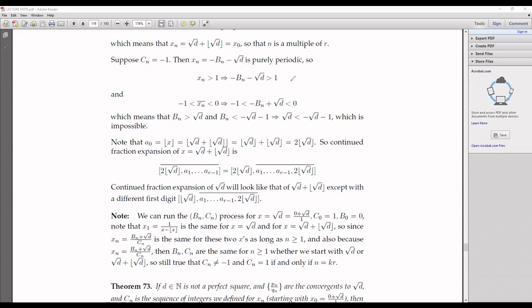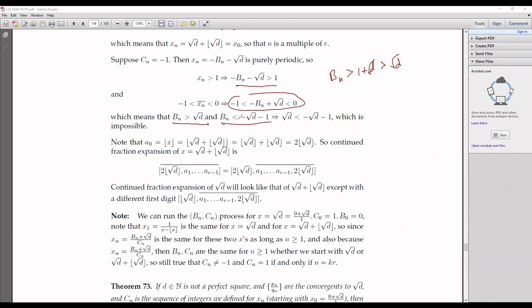Can you see this just means, from here, bn is greater than 1 plus root d, which is greater than just root d. So bn is definitely greater than root d. Again, from the second inequality, using similar calculations, you can see that bn is less than minus root d minus 1.